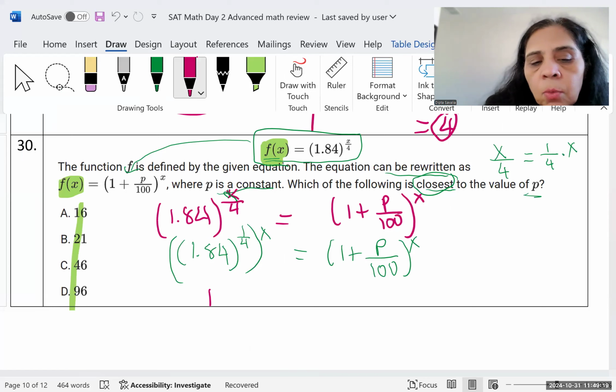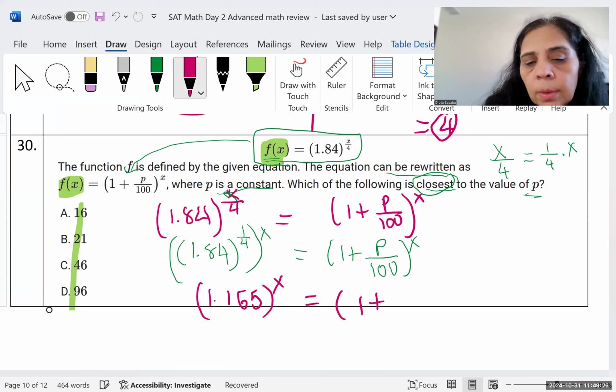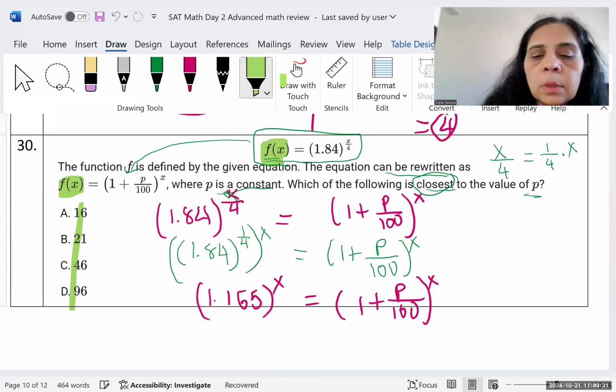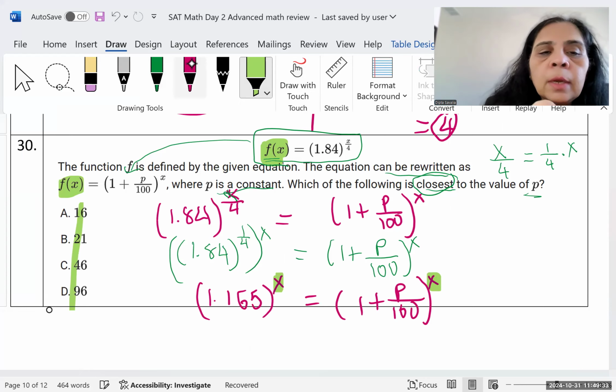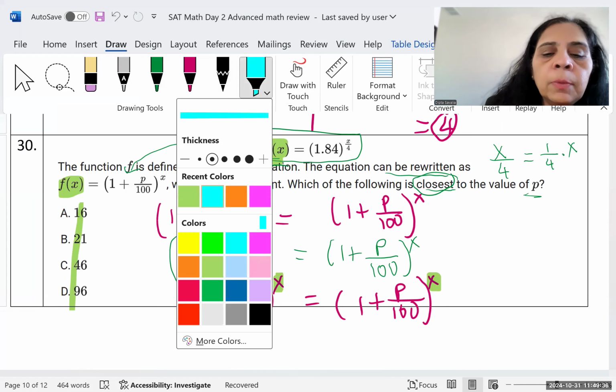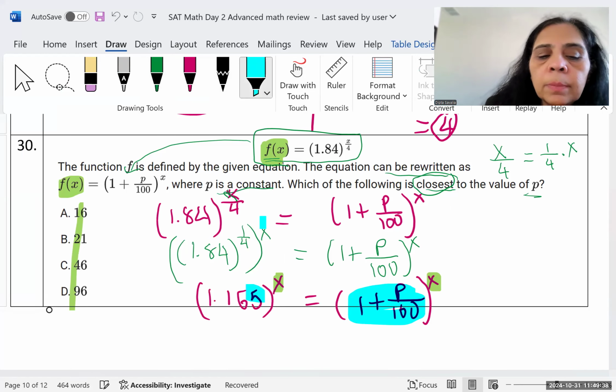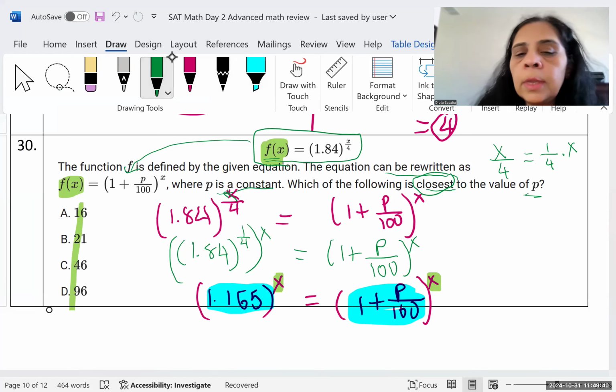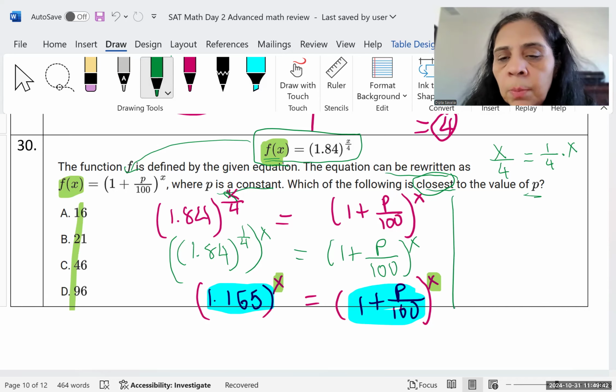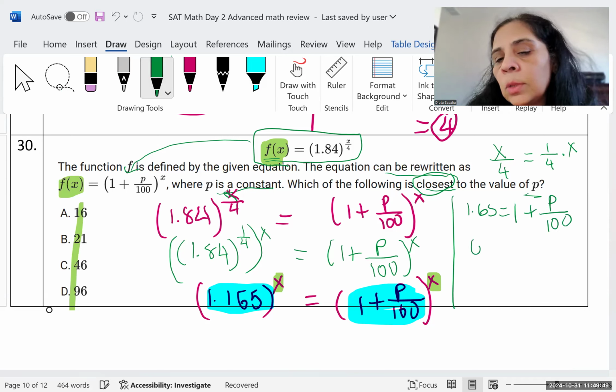So we can write 1.165 to power x. Now we have same exponent, so we can compare inside whatever bases. We can compare here. And then you can see here 1.165 equal 1 plus p over 100.